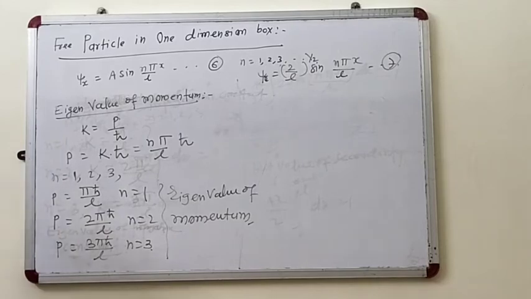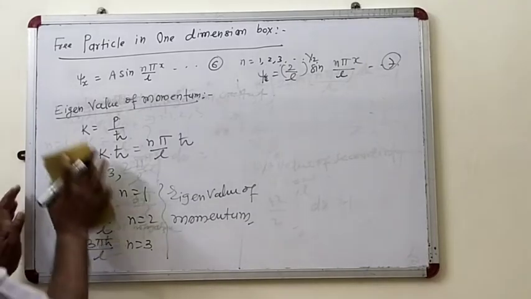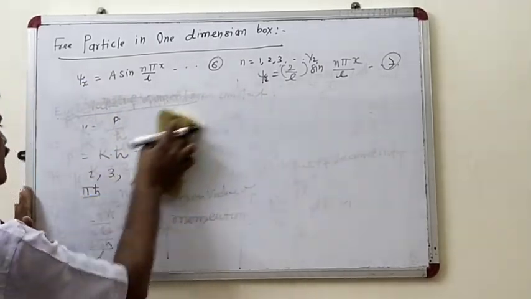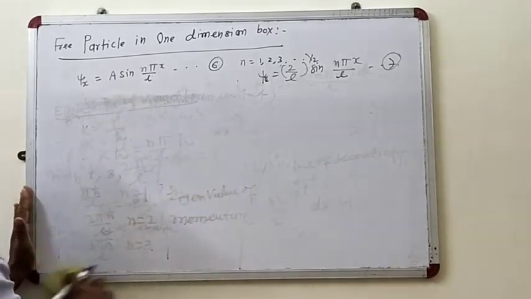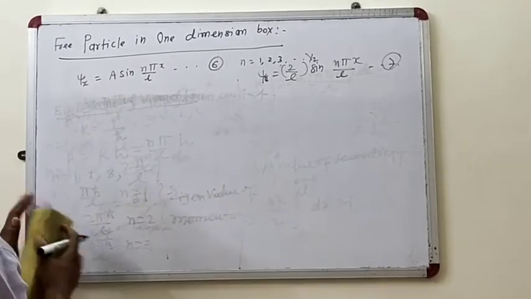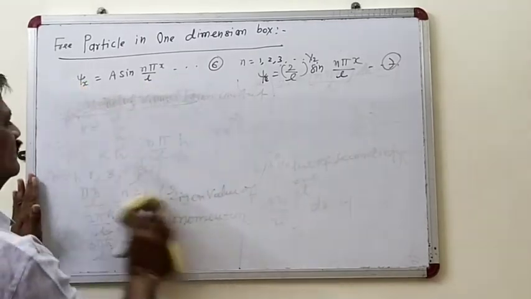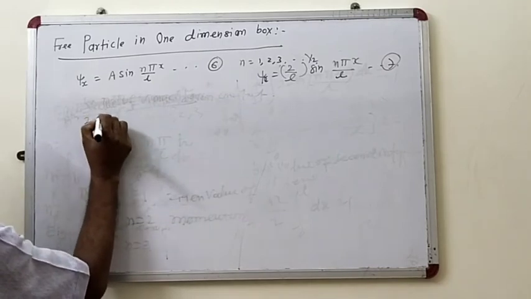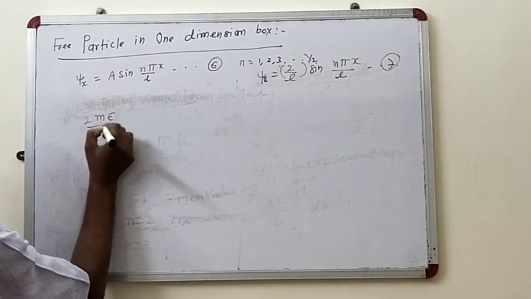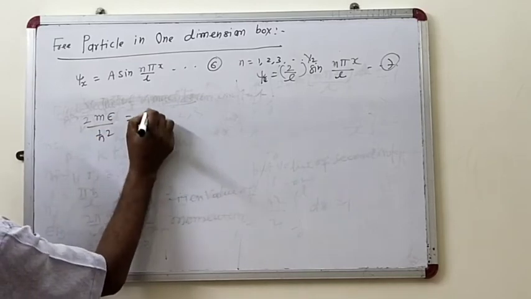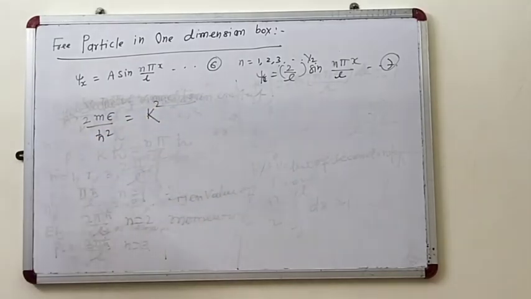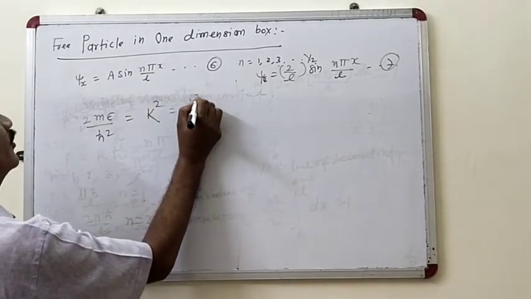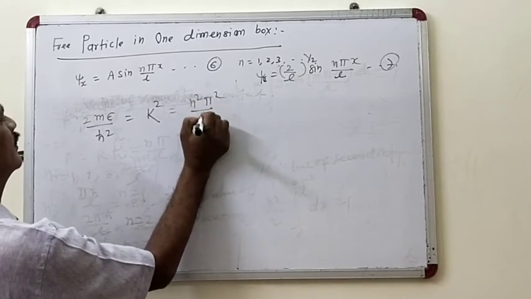Then find the eigenvalue of energy. We know from the previous theory that 2mE by h cross square is nothing but k square, and k is n pi by L, so k square is n square pi square by L square.